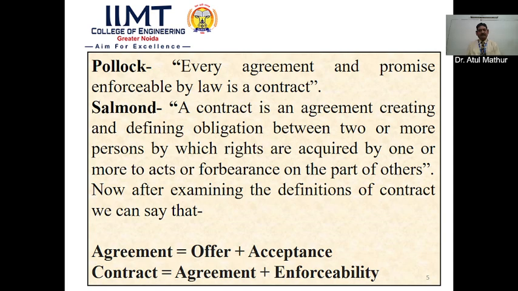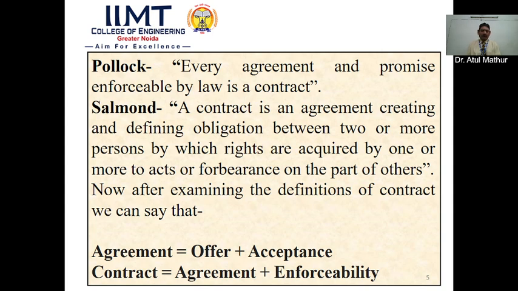Now, after examining the definition of contract, we can say that in agreements there are two words. The first one is offer, second one is acceptance. That is, the first one is the offer, and the second one, the offeree, is acceptance. It means agreement means offer plus acceptance. But in the nature of contract, there are three words.